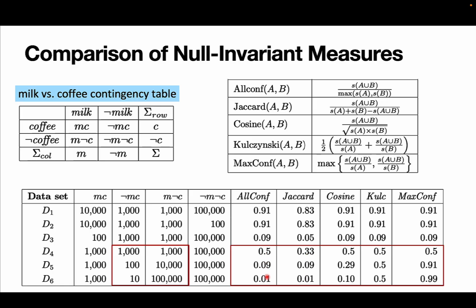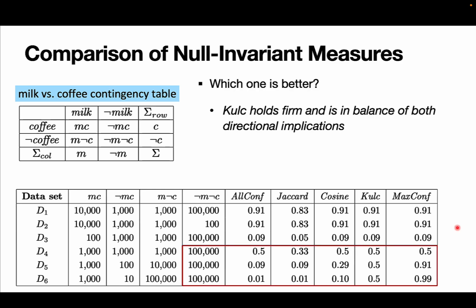AllConf decreases because it measures the confidence relative to the larger category, and max confidence remains relatively high because it captures the best case confidence. Now, given this experiment and the measures that we have, which one is better?